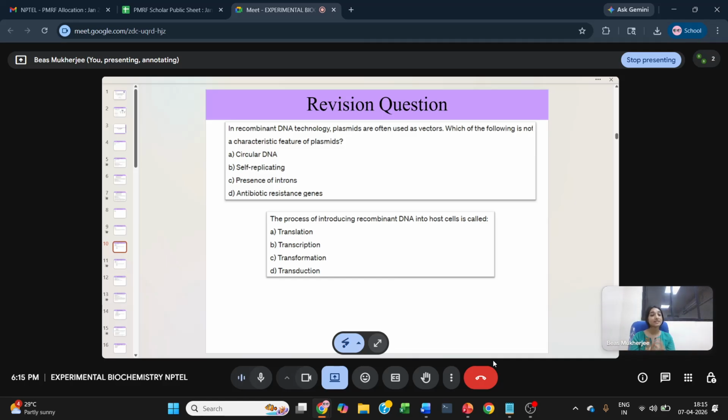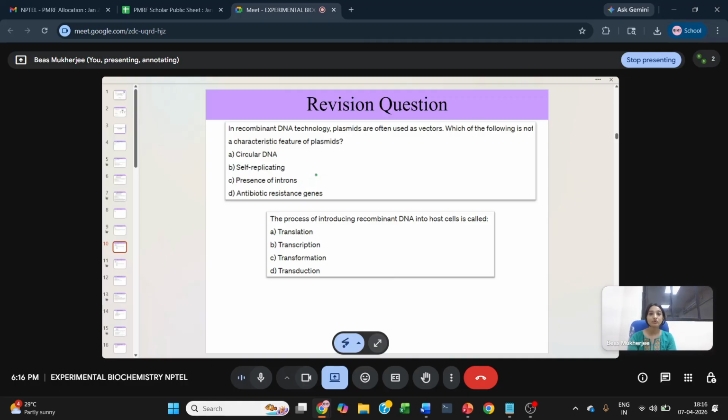So the plasmid must give certain properties, certain advantages to the bacteria which are not present in its genome otherwise, so that this plasmid is held on by the bacteria in its body. Otherwise, if the bacteria does not require something, it will simply not carry the plasmid, right? In the next few generations, the plasmid will be lost. So that means definitely all of these are required except presence of introns.